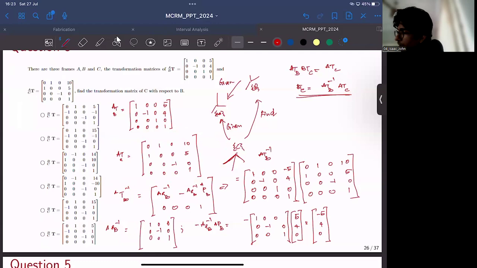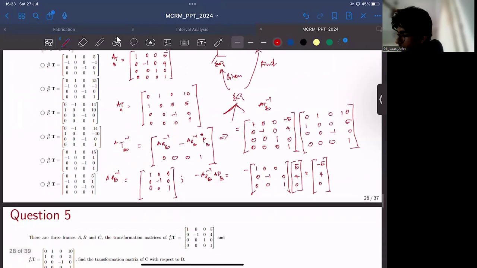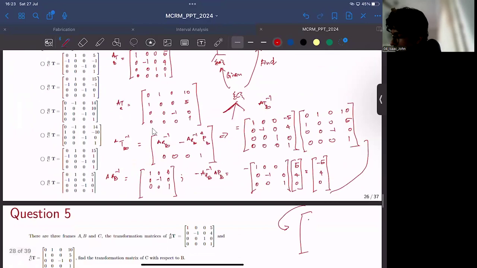So if you multiply this out, I will just move this over here. What will you get? You will get 0, then 1. Final entry would be 0.